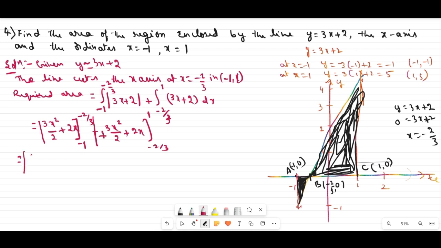Modulus of, see, apply the upper limit, 3 by 2 into minus 2 by 3 the whole square plus 2 into minus 2 by 3. I applied the upper limit. Okay, so now I will apply the lower limit. Minus, put a negative symbol and apply the lower limit: 3 into minus 1 whole square by 2 plus 2 into minus 1.